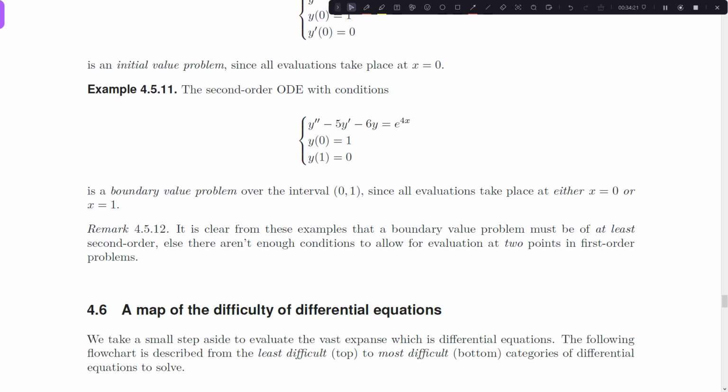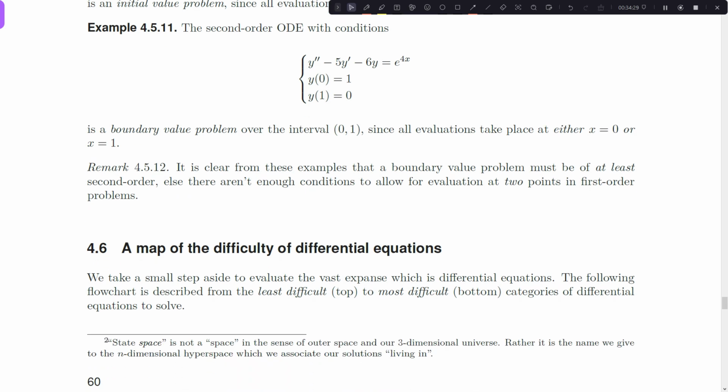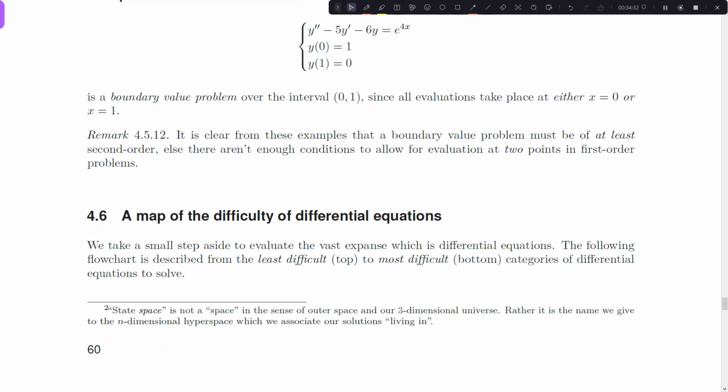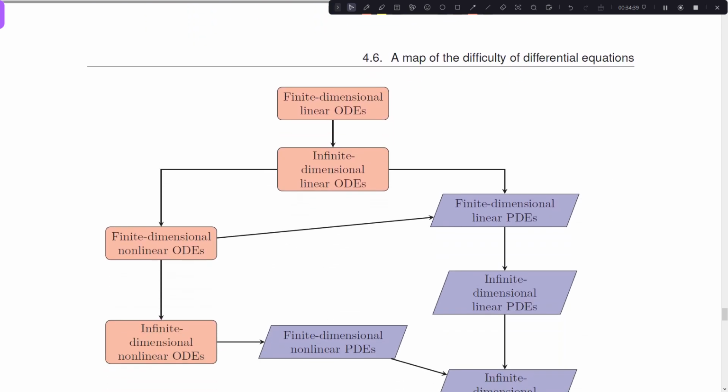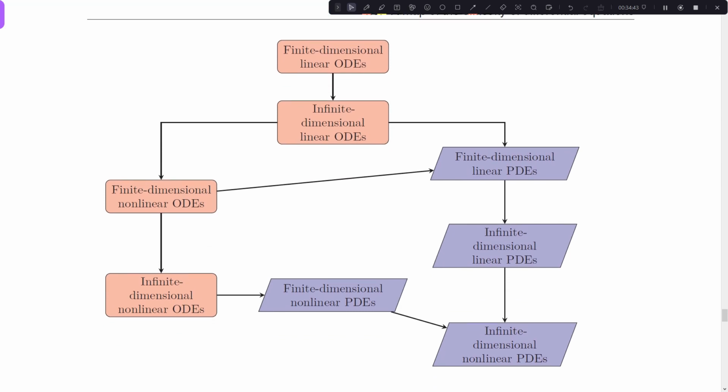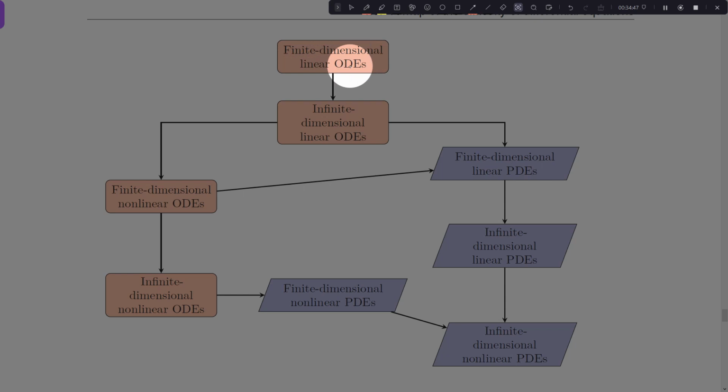Okay, and then this final chapter, or the final section, just stick with me really quick. I provided what I call a map of the difficulty of differential equations. And this is because this is the end of the introduction part of our book. We're going to start diving into real differential equations in the next section. And I just want to say, hey, this is what differential equations kind of looks like with respect to the real world. We start with finite dimensional linear ODEs, and then we can either build our way to infinite dimensional linear ODEs, or we can build our way to finite dimensional nonlinear ODEs.